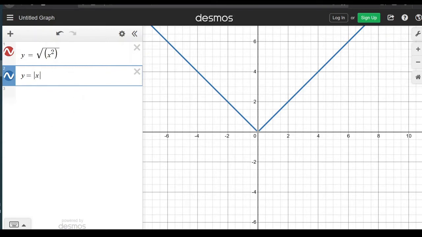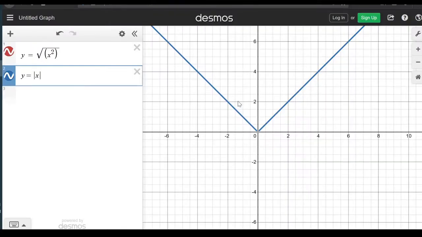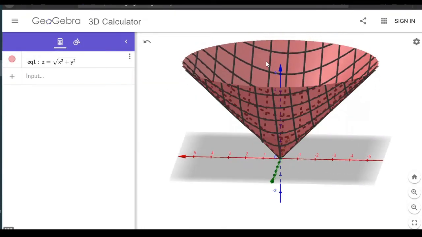Now, if we have not just x squared under the square root, but we add in a second variable, and we consider instead what happens if we get z equals the square root of x squared plus y squared, then that absolute value V essentially gets spun around to create this cone shape.